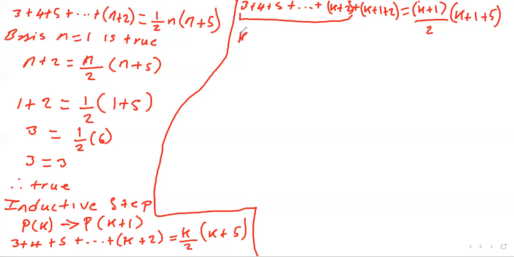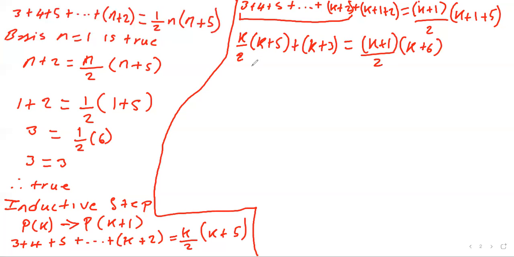So that's going to be k over 2 times (k + 5), then we have plus (k + 1 + 2), that's k + 3. And that's going to be equal to (k + 1) over 2 times (k + 6).